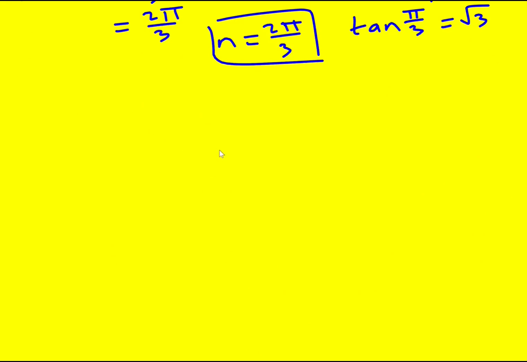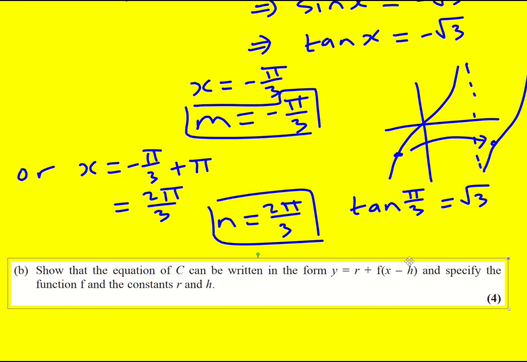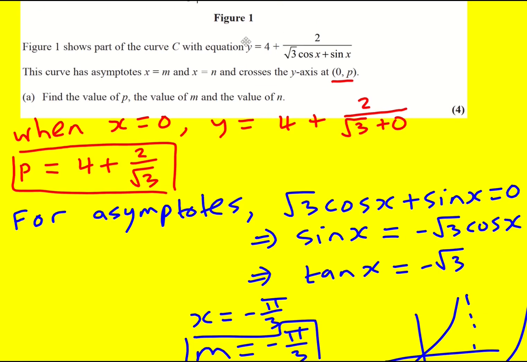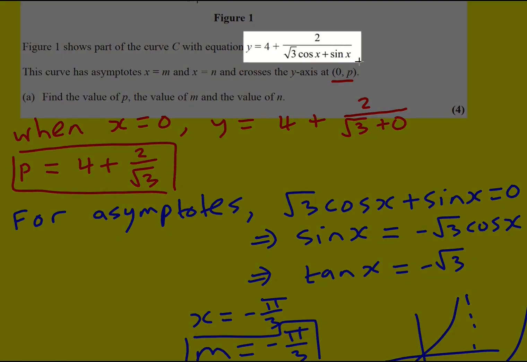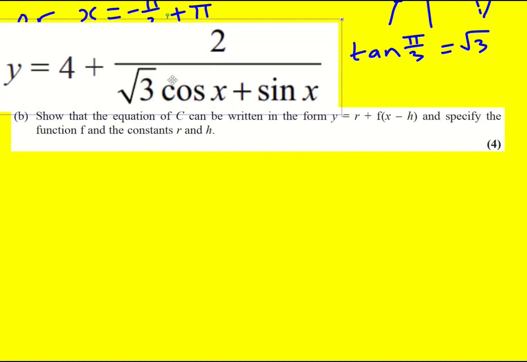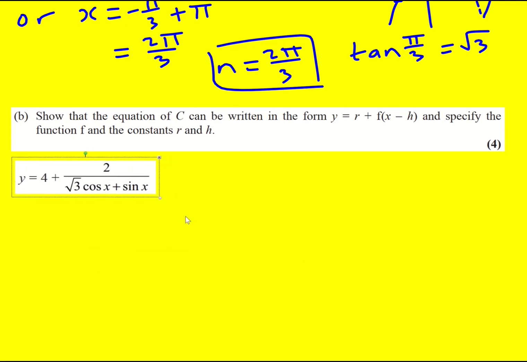We're then asked to show that the equation for c can be written in a different form, in a function x minus h. At the moment, I've got cos x and sin x. So what this is really doing is asking me to combine them into a single trig function. I'm going to focus at root 3 cos x plus sin x.